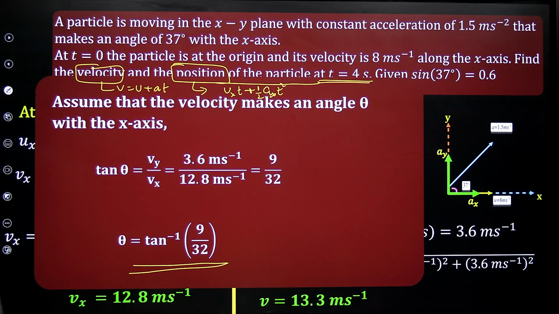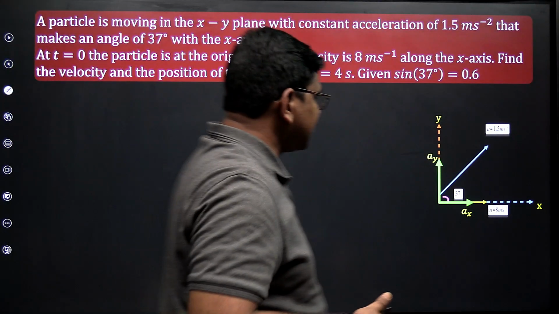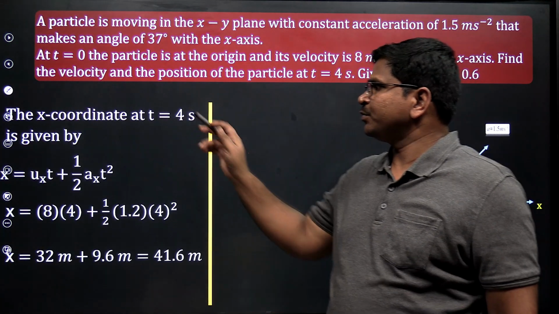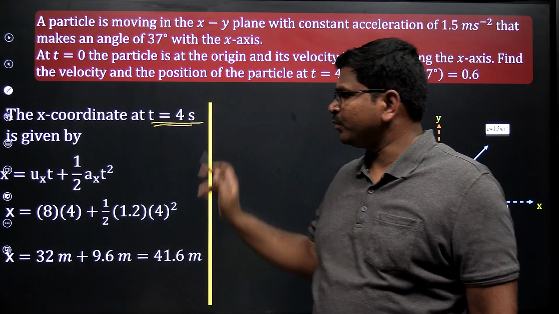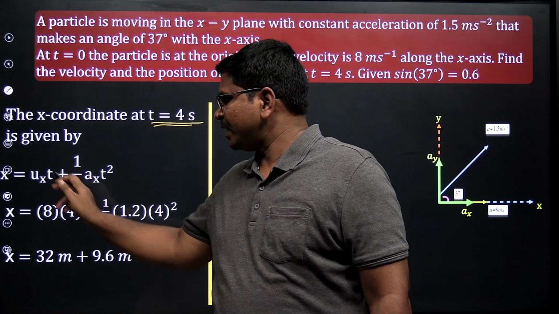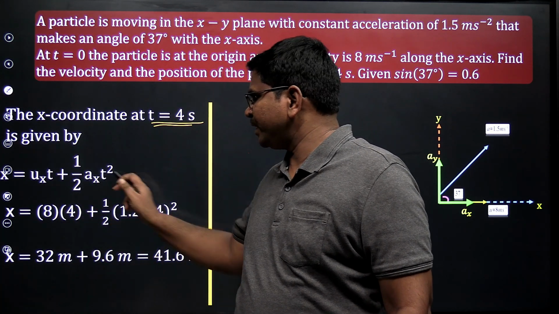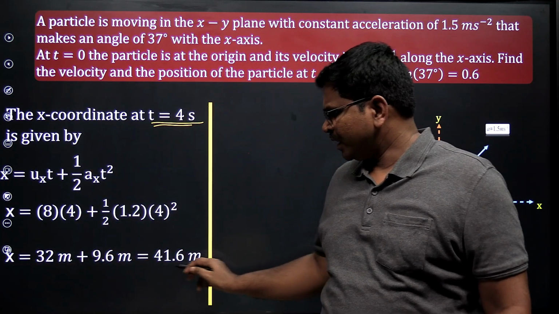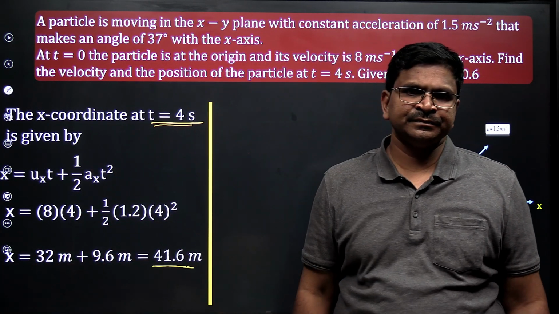And similarly, we can go for the position also by applying the second equation of motion. So we know that the x coordinate at t equal to 4 seconds can be found by uxt plus half axt square. Ux is 8, t value is 4. Ax is 1.2, t value is 4. Just by substituting, I am going to get the x value as 41.6 meters.